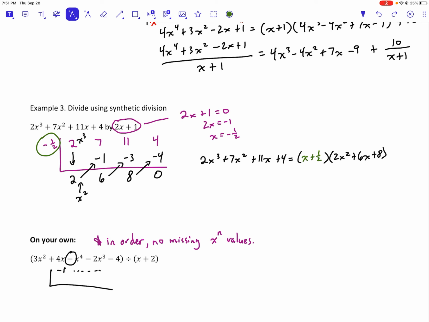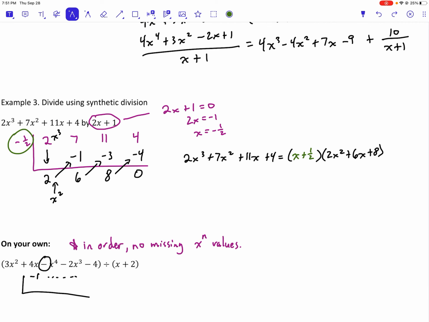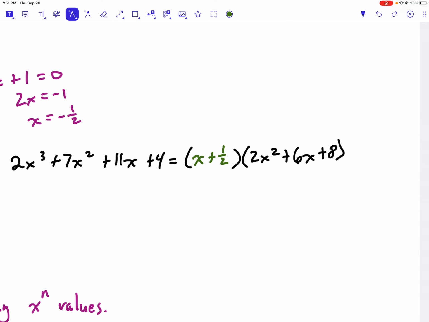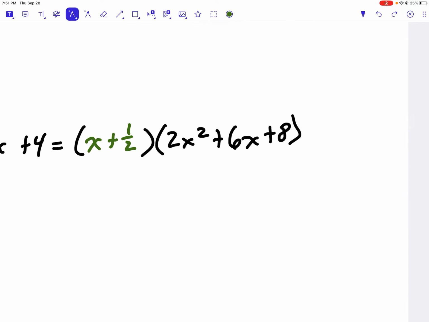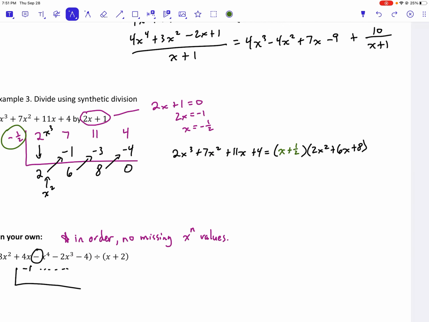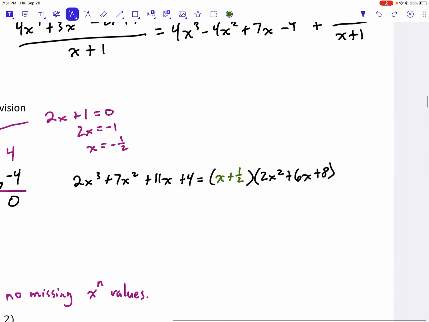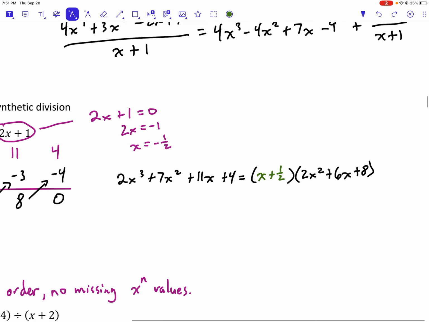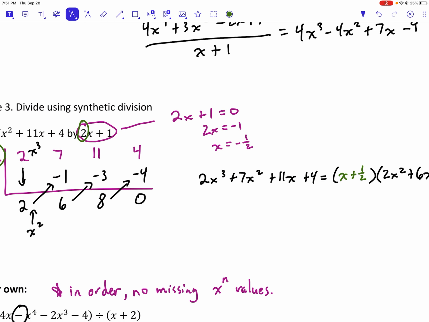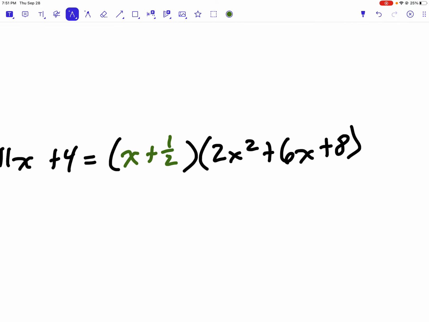Okay, this is part of the trick in here. So, because it was synthetic, it wasn't real, it's kind of a fake. So what's going to happen in this answer here is that we were asked to divide by 2x plus 1, but synthetic division won't let you have a number out in front. So what we're going to do is we're going to trick it to have the answer we wanted.